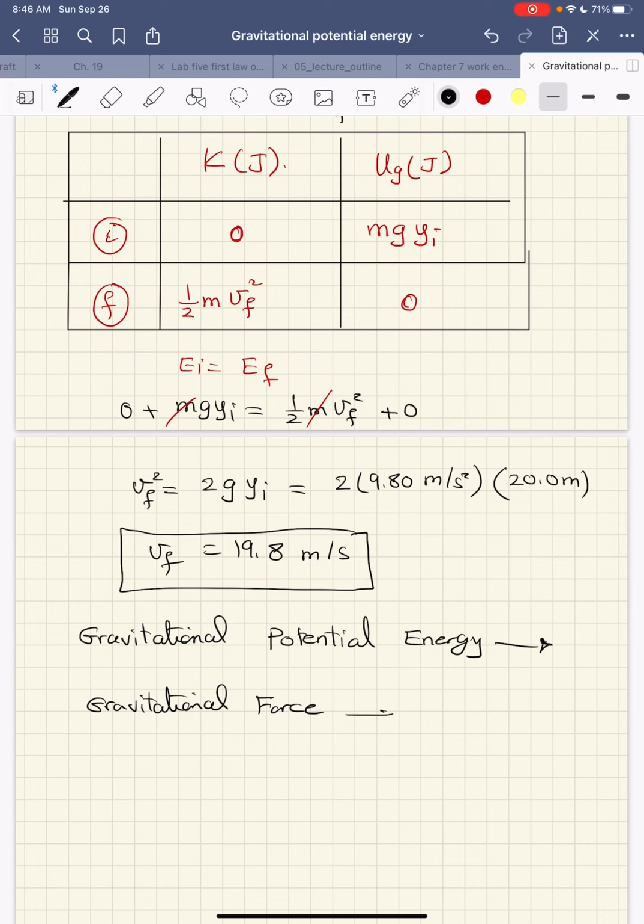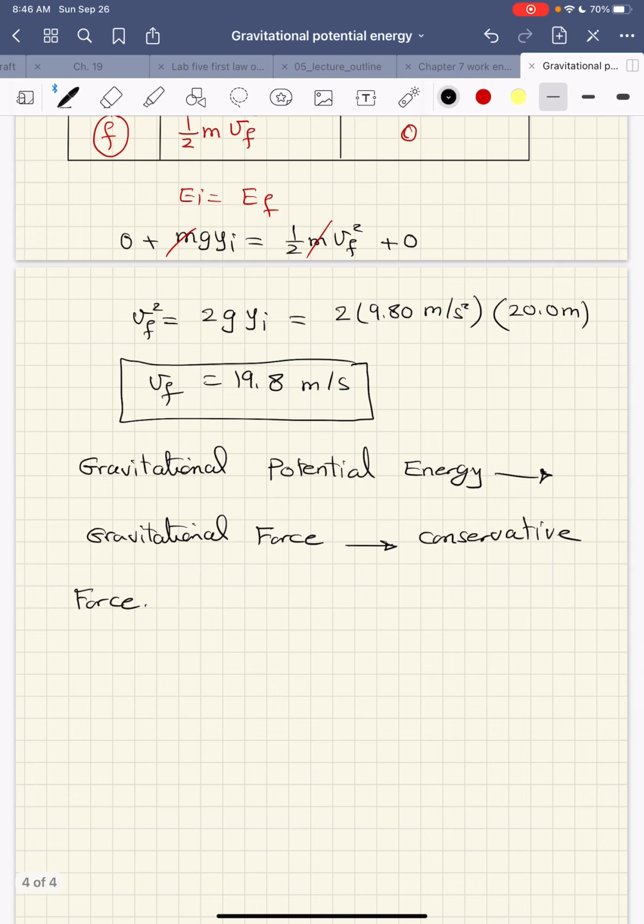Now we will classify these forces into conservative and non-conservative forces. Then gravitational force is one of the conservative forces. Now, what really are the conservative forces? They have some characteristics.